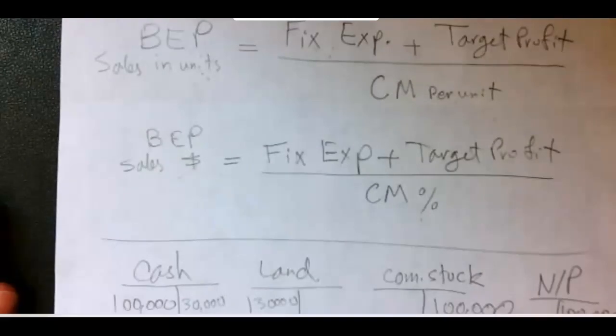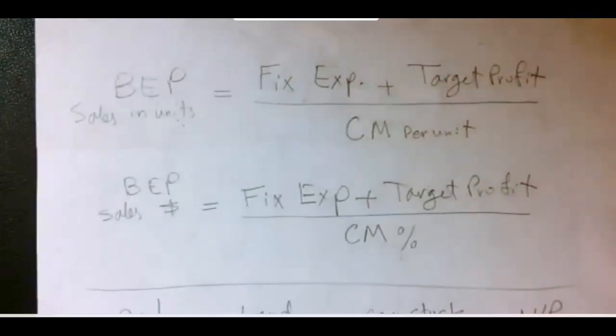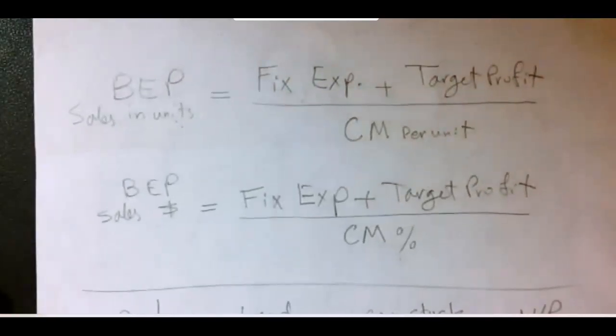This is a comprehensive formula to solve for 2 different things: break-even point calculation and target profit calculation. So how do you do that? Break-even point in units equals to.